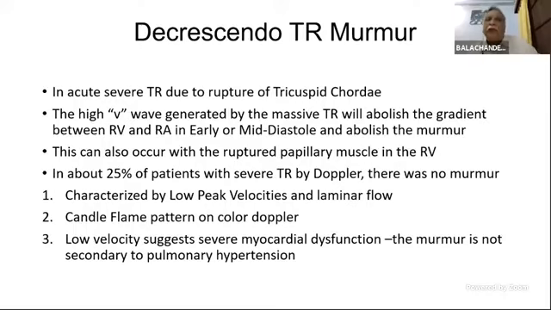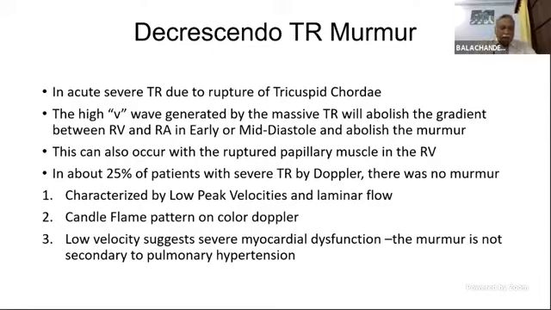There is a candle flame pattern on color Doppler, and low velocity suggests severe myocardial dysfunction. And the murmur is definitely not secondary to pulmonary arterial hypertension. So this is an important thing to remember, the discrepancy of TR on Doppler, which we so often see. We see TR on Doppler, but we don't have a TR murmur.